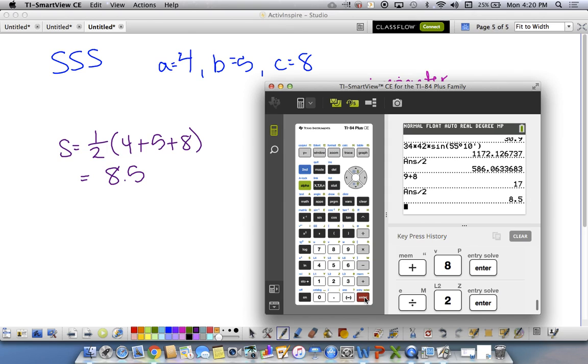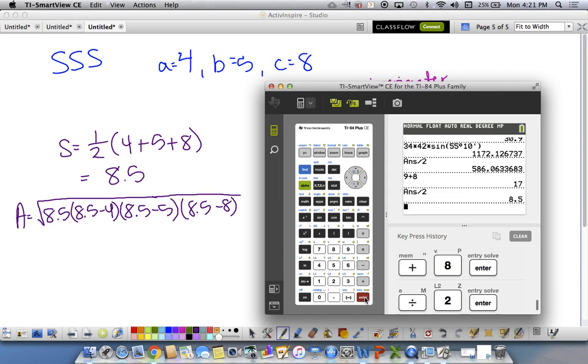Then the area is equal to the square root of 8.5 times 8.5 minus 4 times 8.5 minus 5 times 8.5 minus 8. I don't like to put all these in my calculator at one time. So I'm going to have 8.5 times 4.5 times 3.5 times 0.5.